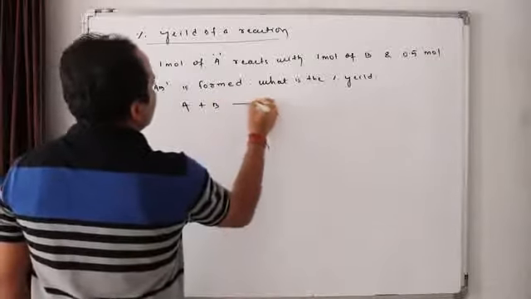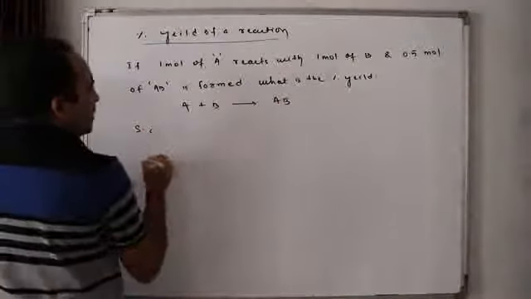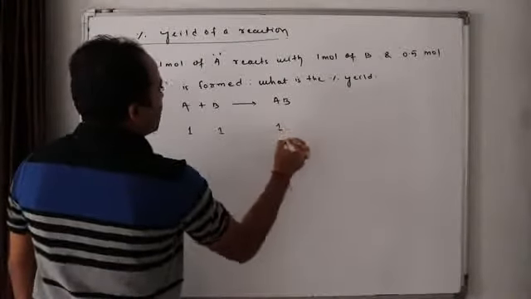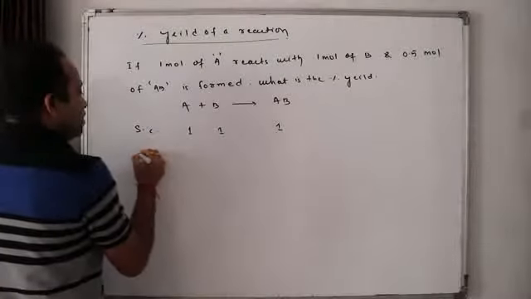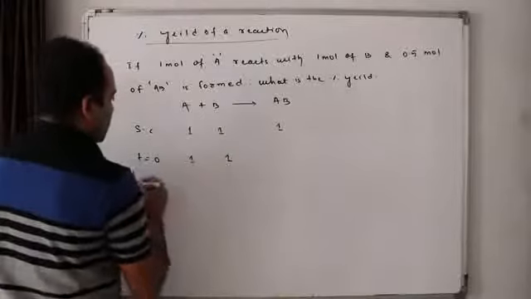A plus B gives AB. So stoichiometric coefficient कितना है? Balanced. 1, 1, 1. अब initial moles when t is equal to 0, number of moles कितना है? 1 mole, 1 mole.